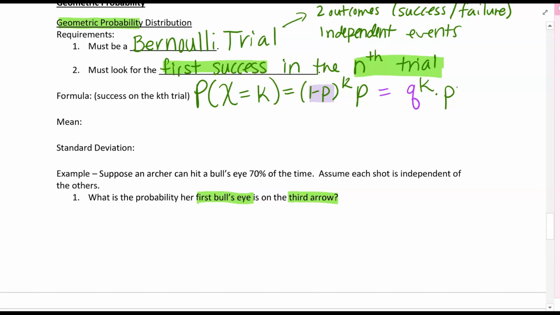All right. And then we have a formula for calculating the average. The mu is 1 over p. And then the standard deviation, sigma, is equal to, on the formula sheet, you'll see it as the square root of 1 minus p over p. But again, that's going to be the same thing as the square root of q over p.